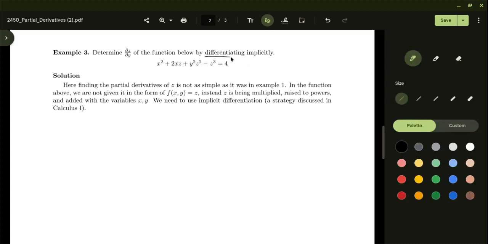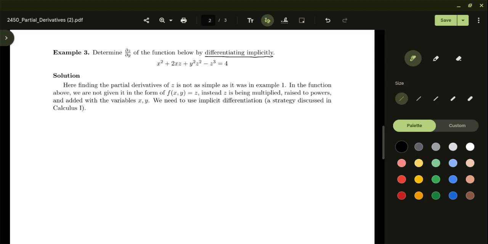This is something that we had discussed in Calculus 1 with one variable functions. If you would like a refresher on that, you are always welcome to explore that resource on the website. But now we're going to use implicit differentiation with partial derivatives of two variable functions.